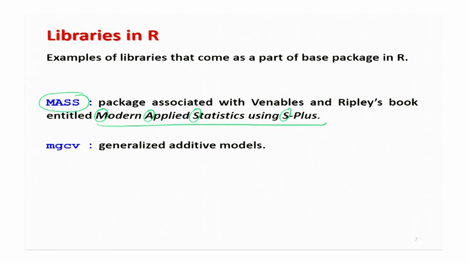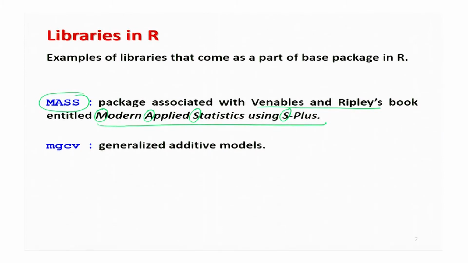So, when this S plus was there, Professor Venables and Ripley wrote a book whose name was Modern Applied Statistics using S plus, and in that book they used some data sets. When R was developed on the same lines as S plus, people thought that if they use the same data sets, and because R has similar commands, people will be more comfortable using and learning the R software.